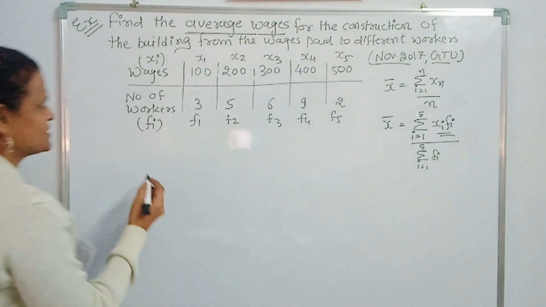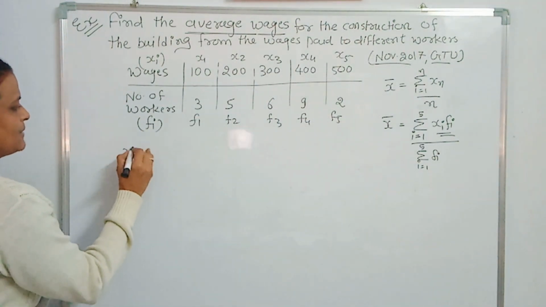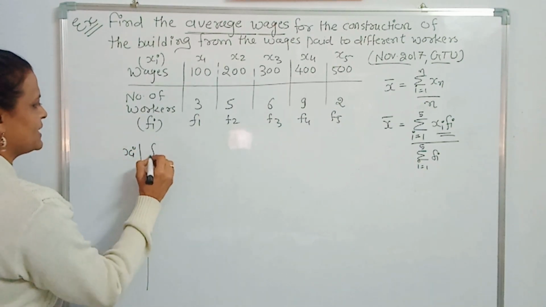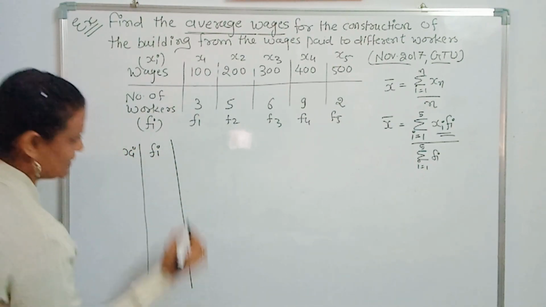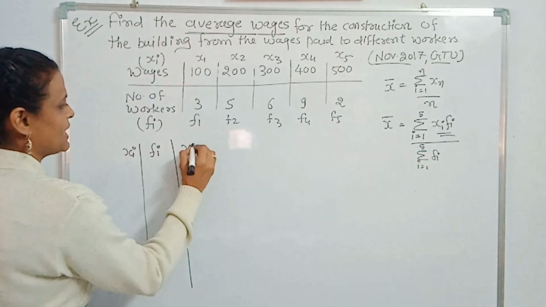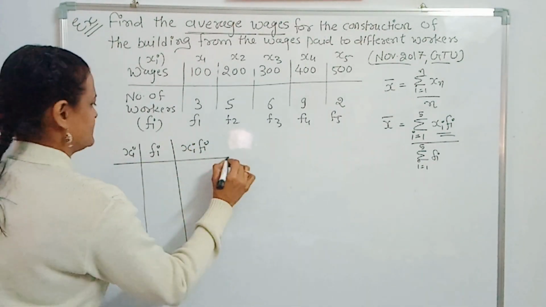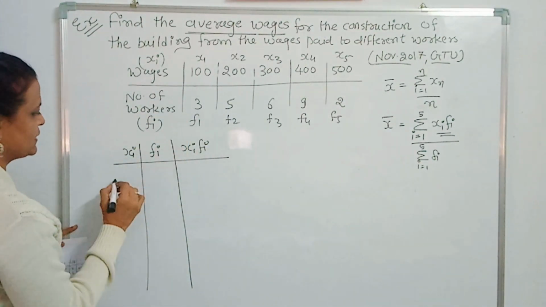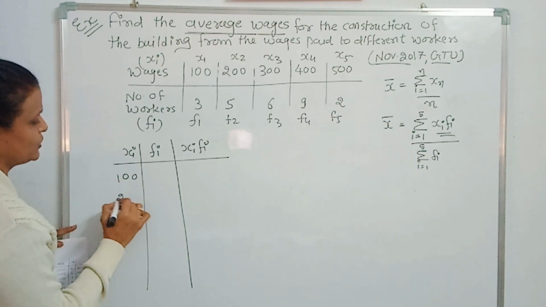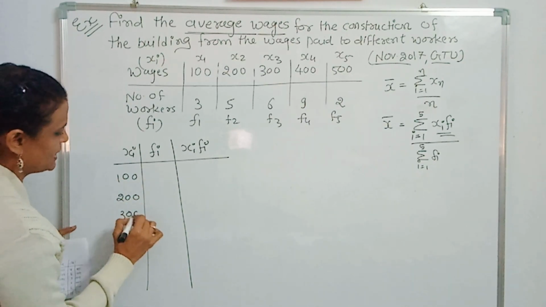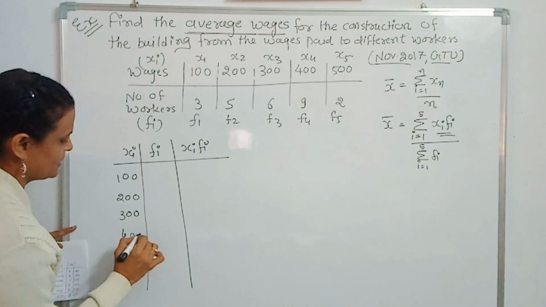So let us redraw this table. Here I am writing xi, here I am writing fi. Let me write over here xi fi. So xi is 100, 200, 300, 400 and 500.